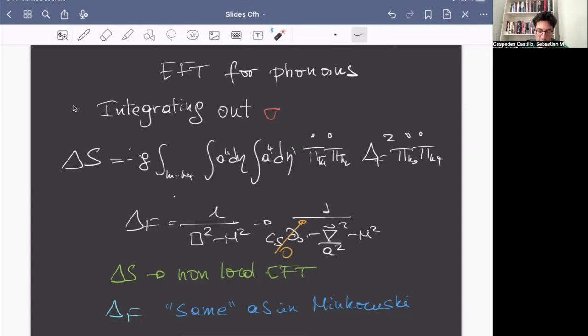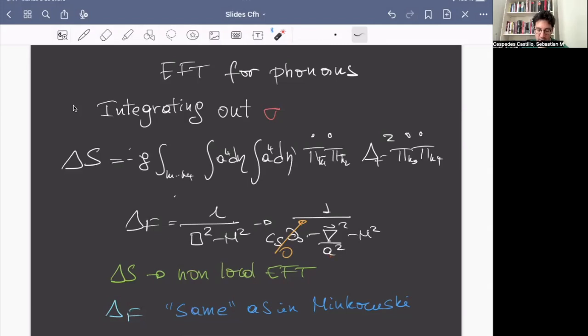So if we take a look at this propagator, it can be written as 1 over the box squared, which is given in the zeta spacetime, minus m squared. Now, because we're considering phonons, we can take a further simplification by taking a look at this. So if we expand this box operator, then we know that this will go as cs squared times eta squared minus nabla squared over a squared.